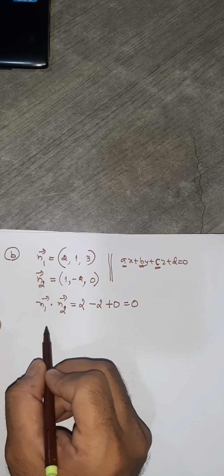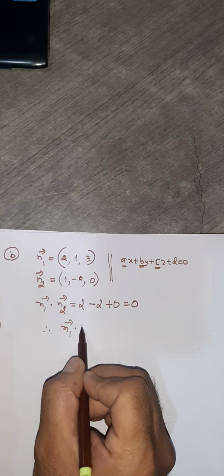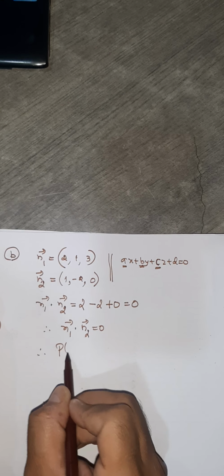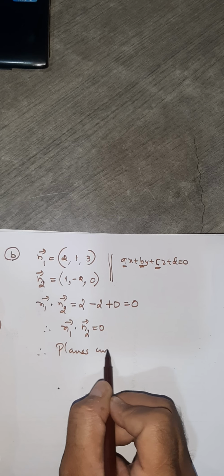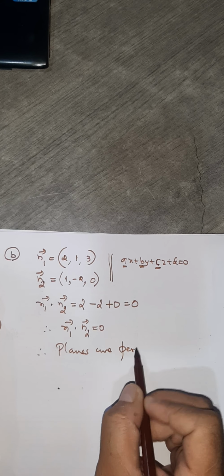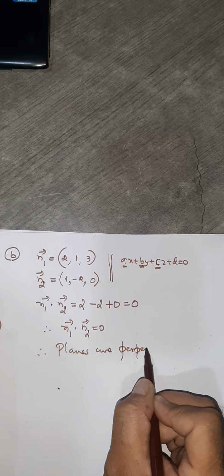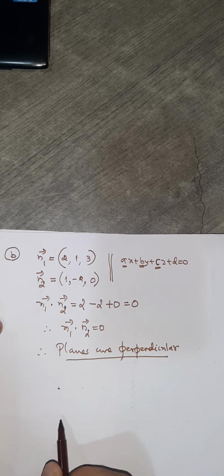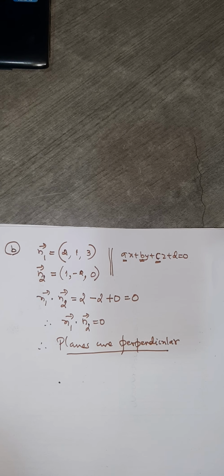So we'll get 0 here. So n1 dot n2 equals 0. Therefore, the planes are perpendicular. That means the angle between the two planes is 90 degrees or pi by 2, whichever you write.